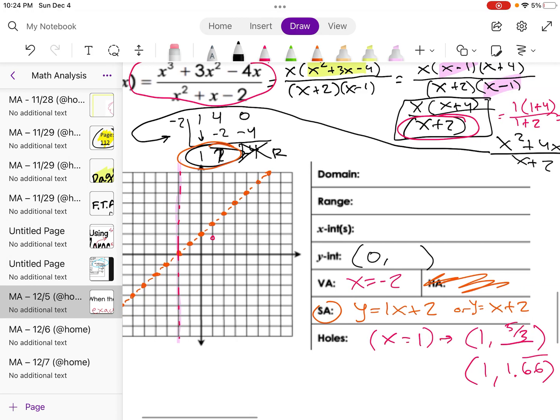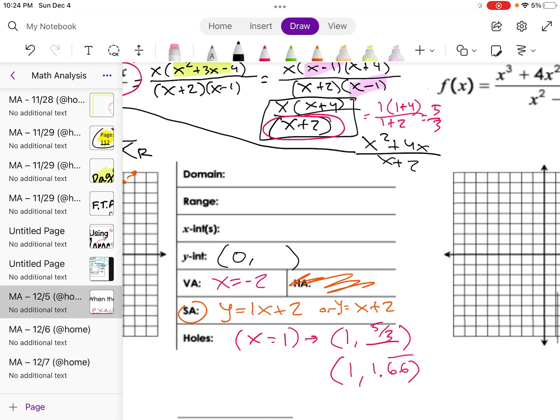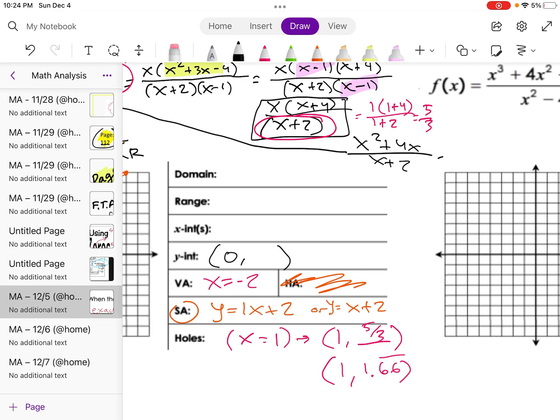So let's do our x and y intercepts. I know that my y-intercept is going to occur when x equals 0. So looking at my graph or my functions, if I set this equal to 0, I get 0 equals x squared plus 4x, or 0 equals x times x plus 4, do ZPP, x equals 0, or x equals negative 4. Ooh, I totally did that wrong.